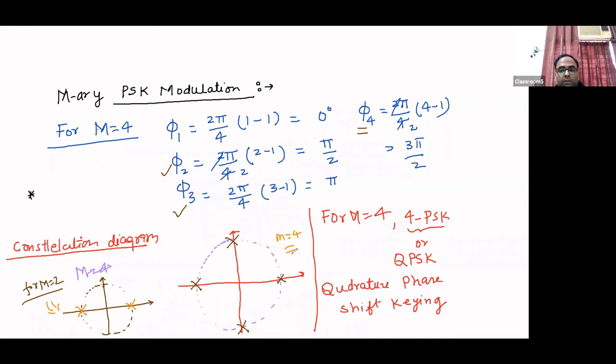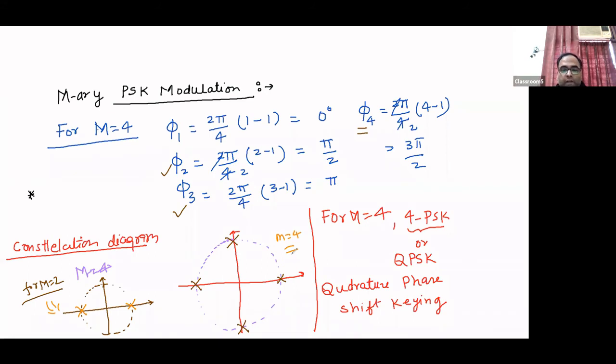You know that shifting by pi by 2 will convert your cos signal into a sinusoidal signal. So for that duration, you have to draw the sinusoidal waveform. Similarly, for pi, you go back to the cos waveform. Then for 3 pi by 2, again you go to the sine waveform. So for a single signal, you can shift here and there in terms of phases.